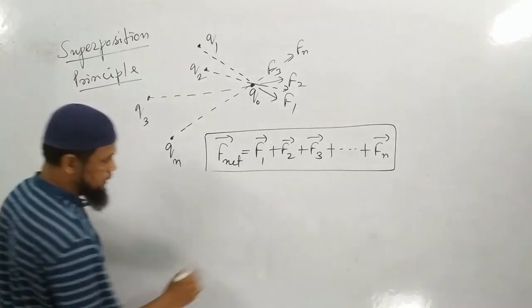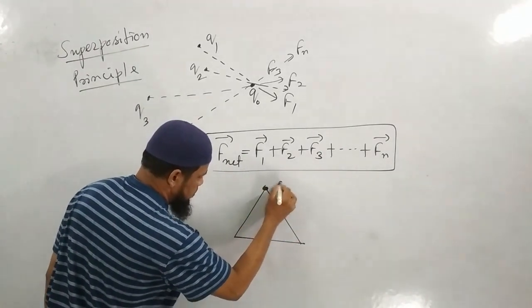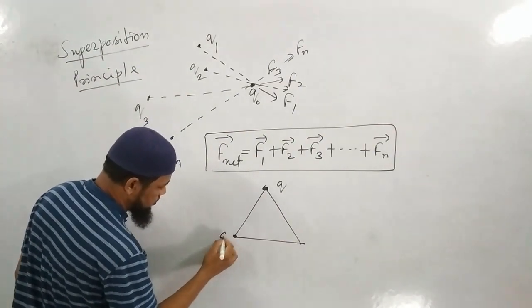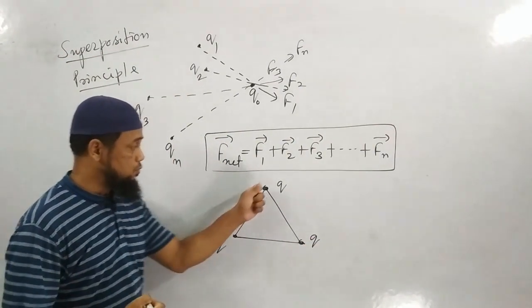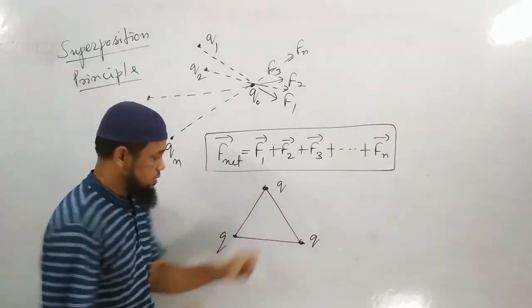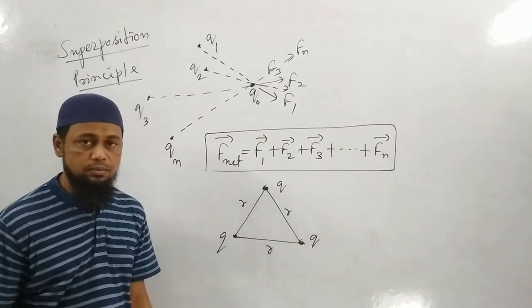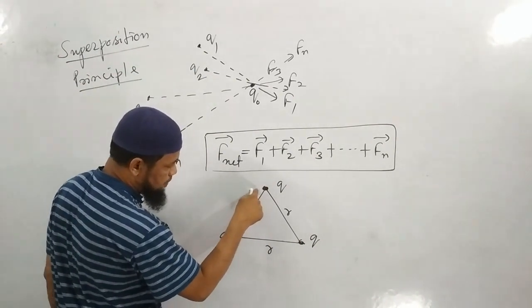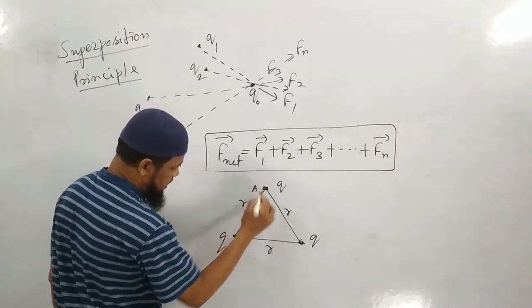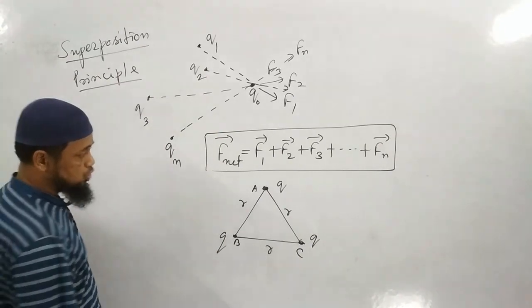Clear? For example, let me show you a quick example. There's a charge Q, a charge Q, and a charge Q. What is the net force on Q? Suppose all the separations are R. Let me call this an equilateral triangle. Suppose this is point A, this is point B, this is point C. What is the net force on the charge at A?